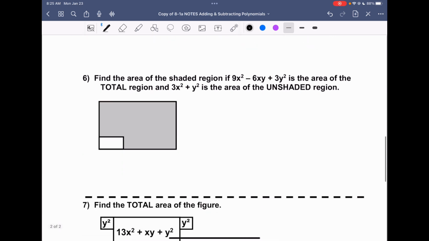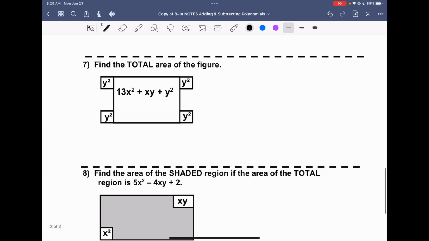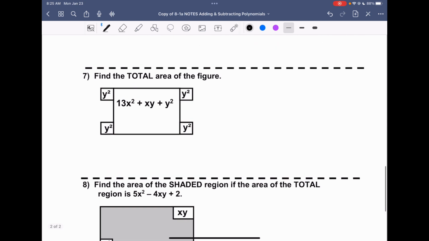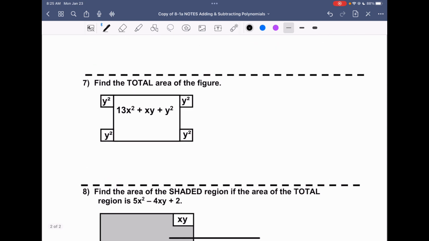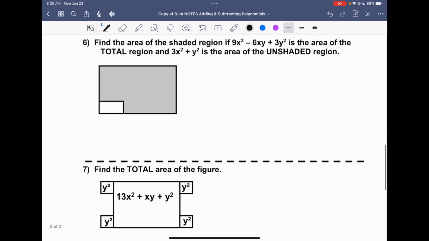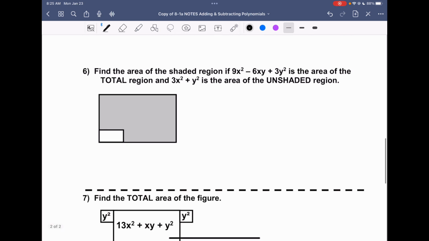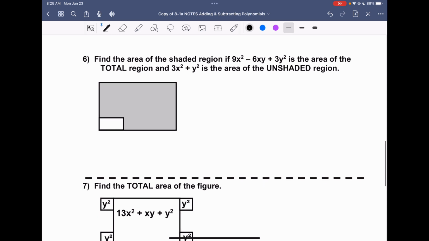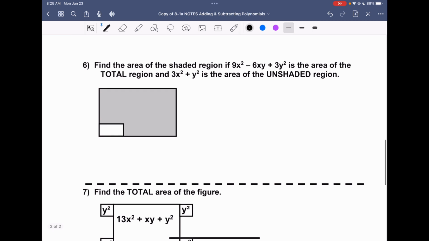All right, so I'm going to do number 6 and 7, and then number 8 is just done for you already. It's going to be the same idea as number 6, but because it's a shaded region. So anytime you're trying to find the area of a shaded region, okay, it's going to be the total.